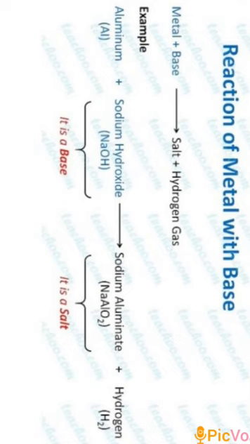Here in this example, you can see aluminium as a metal and sodium hydroxide as a base. So a complex compound, that is sodium aluminate, a kind of salt, is produced along with the production of hydrogen gas. So a pop sound is produced which indicates the presence of hydrogen gas.